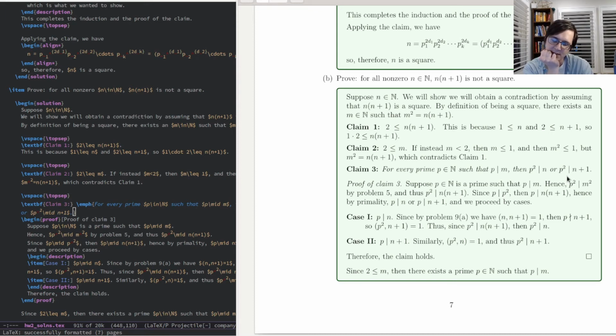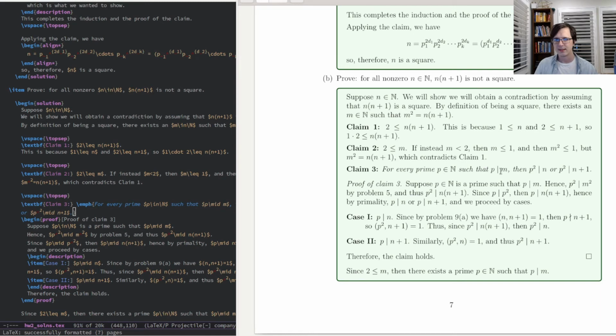Because where is this contradiction? You know, I think this was not a strong enough claim.